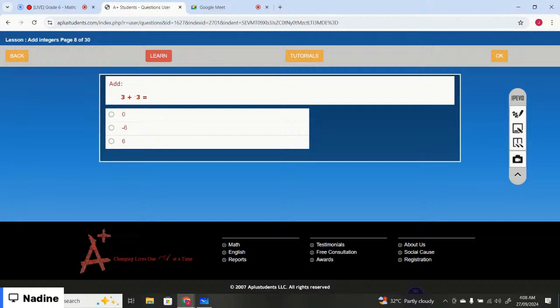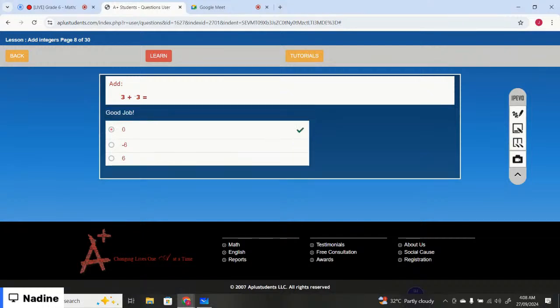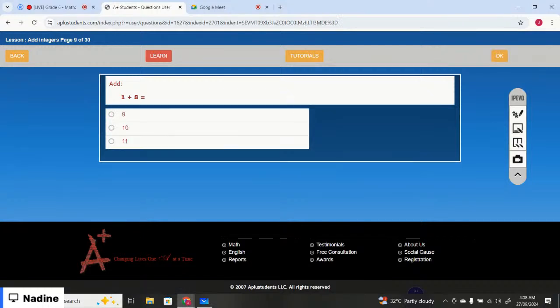That is 3 minus 3 is 0. Option number 1 is the correct option. Adding a negative integer is same as subtracting, right? So you have to do 3 minus 3. That would be 0.